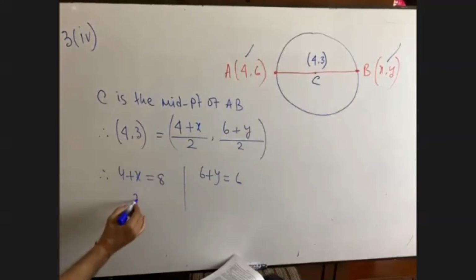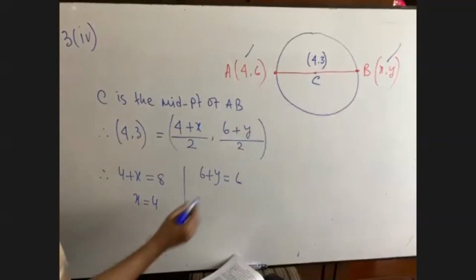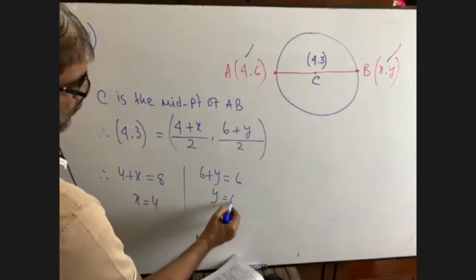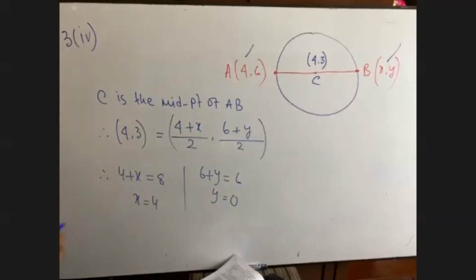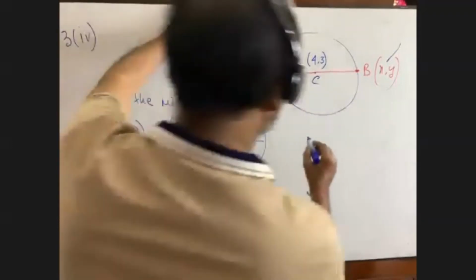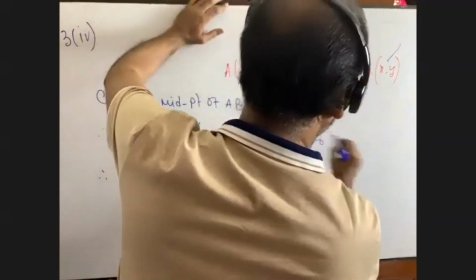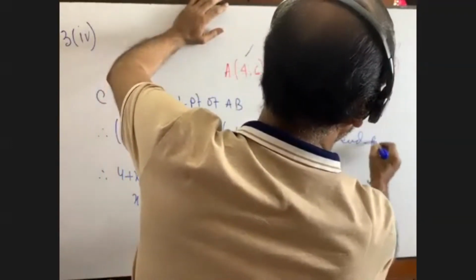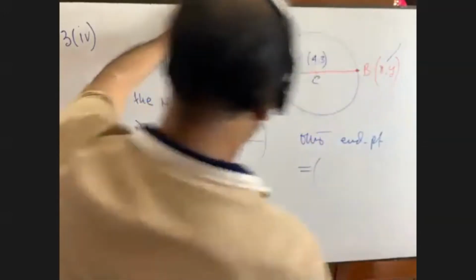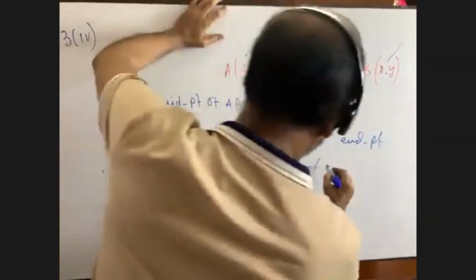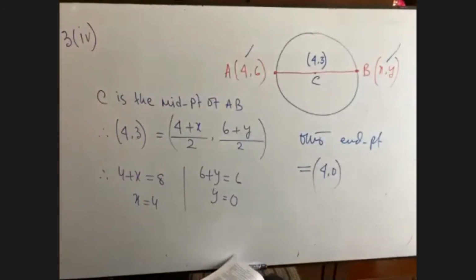Please try to understand. So from here, we can write x equals to 4. And from here, we can write y equals to 0. So the other endpoint is 4, 0. We have got the coordinates of the other endpoint B as 4, 0.